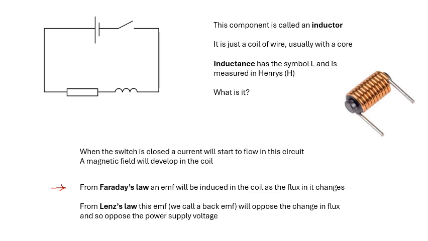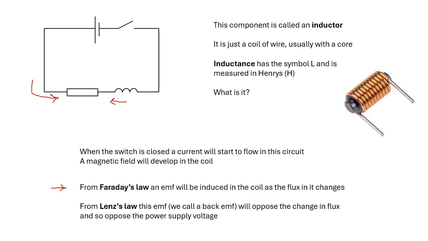Lenz's law says that the EMF will oppose the change in flux. So the power supply is pushing current around the circuit, making the flux bigger, so the EMF will work against it. It will push back. We call it a back EMF.